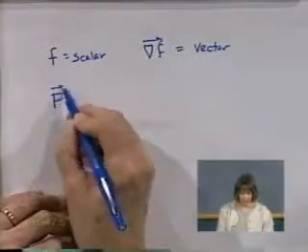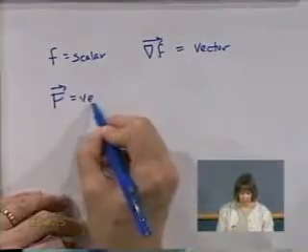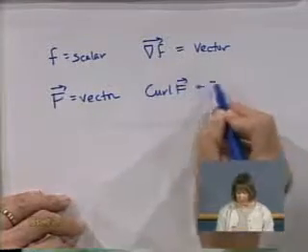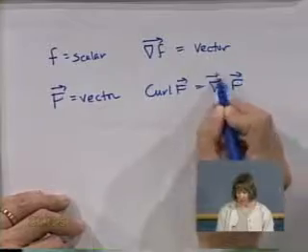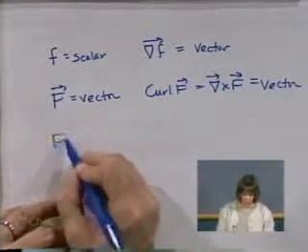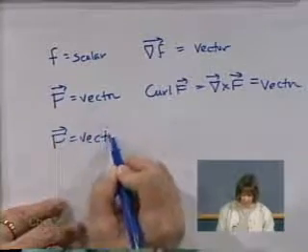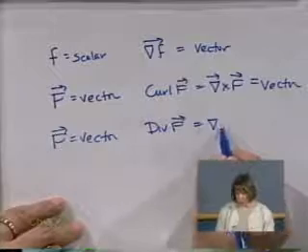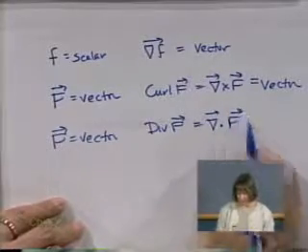Then we have f being a vector function, and we learned how to do the curl of f today, which is del cross f, and that gives us a vector. Now we're going to have a vector function f. We're going to do something called the divergence, which we're going to write as del dot f.